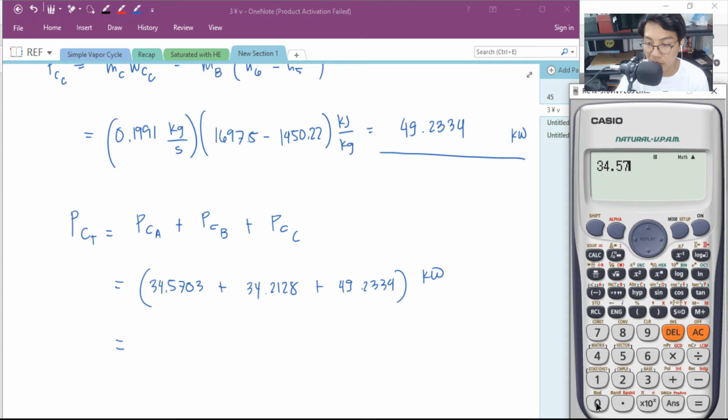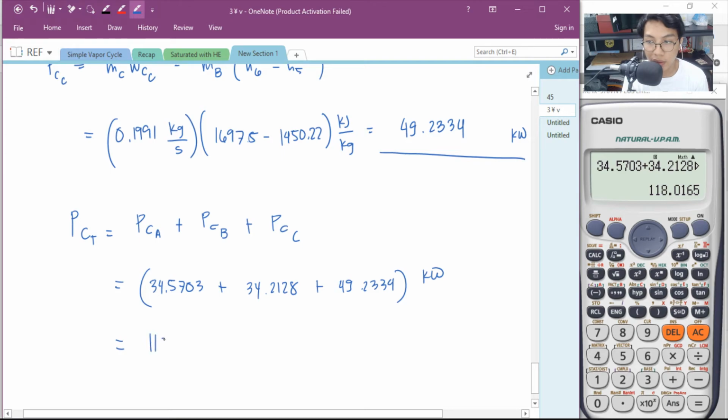The answer is 118.0165 kilowatts of compressor power.